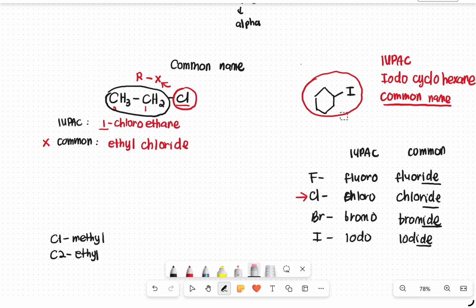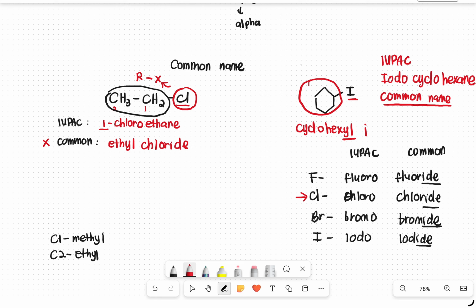The alkyl group is the cyclic structure. The cyclic structure is the R. So this is cyclohexyl. No more cyclohexane. A and E replaced by YL. Here cyclohexyl, and this I here is iodide.